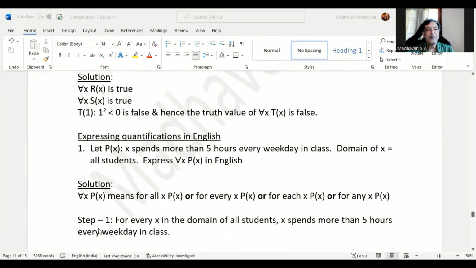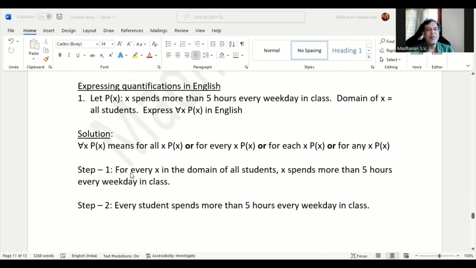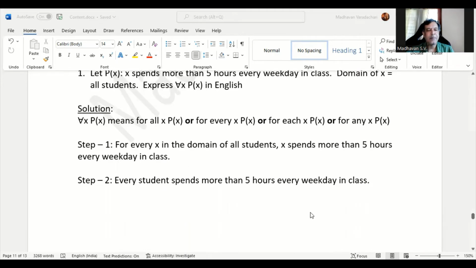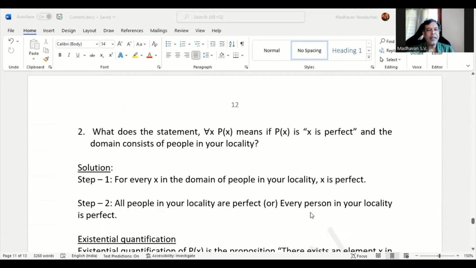So step 1, for every x in the domain of all students, x spends more than 5 hours every day in class. Then we can further modify this, without bringing in the x and the domain, as: every student spends more than 5 hours every weekday in class. Next one.